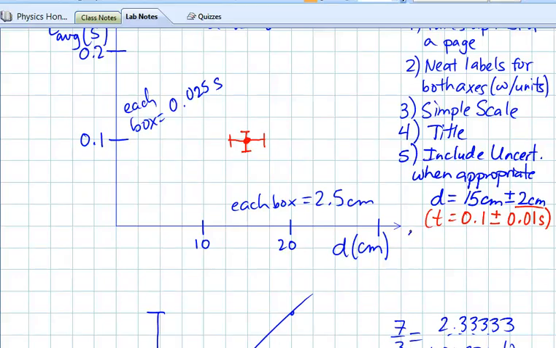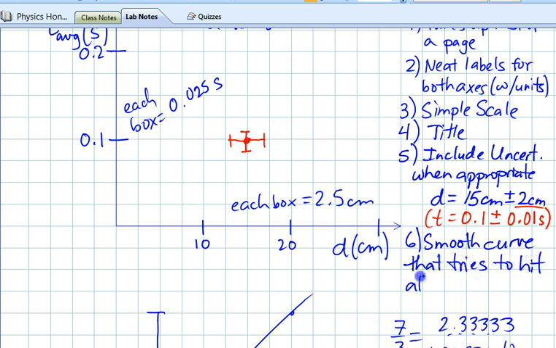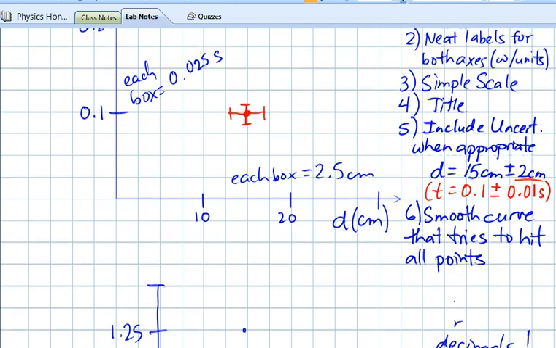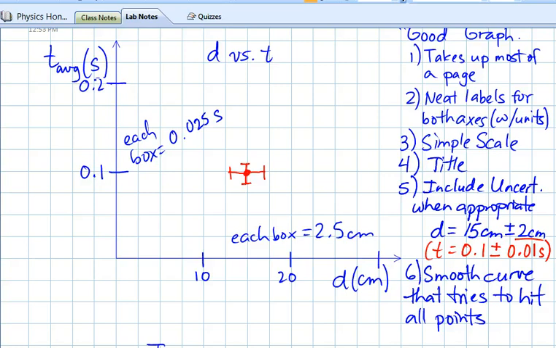So the next thing is you need to have a smooth curve that tries to hit all points, or at least goes through their uncertainties. Let's say that we have a couple more data points right here and maybe right here, and we have uncertainties.